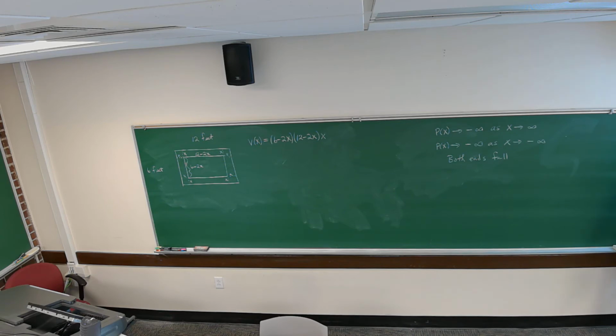The domain for x is 0 to 3. The size of the square has to be at least 0, but it can't exceed 3, because if you put in 3 for x here, 6 minus 2 times 3 is 0.